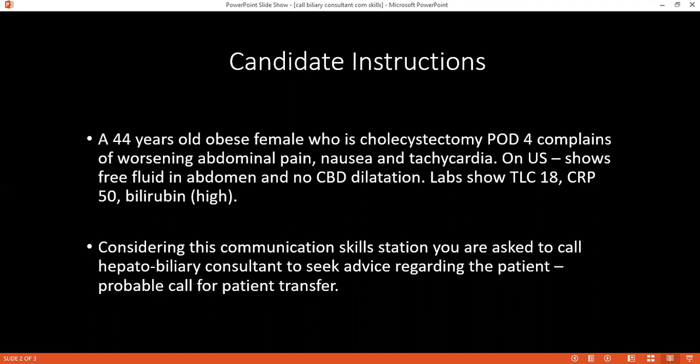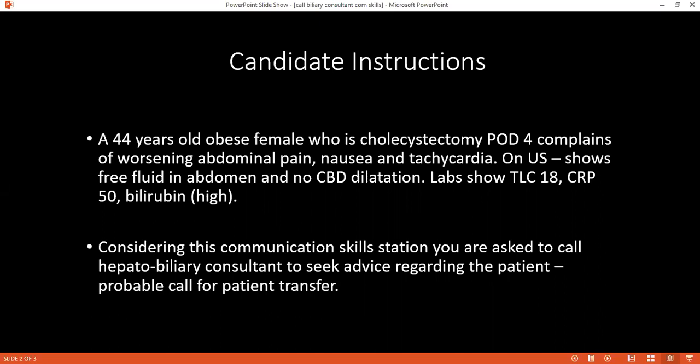We requested an abdominal ultrasound scan, which showed free fluid in her abdomen. Other investigations that were done: the total leukocyte count was 18, the C-reactive protein was 50, and the bilirubin was noted to be high. With all these findings, we thought she is having a bile leakage post cholecystectomy. That is why we are calling to get your advice and also possibly transfer for expert management.